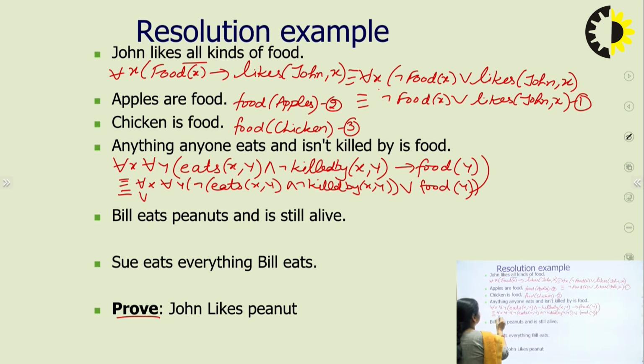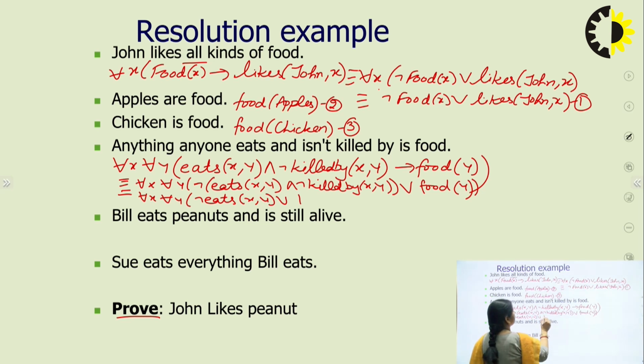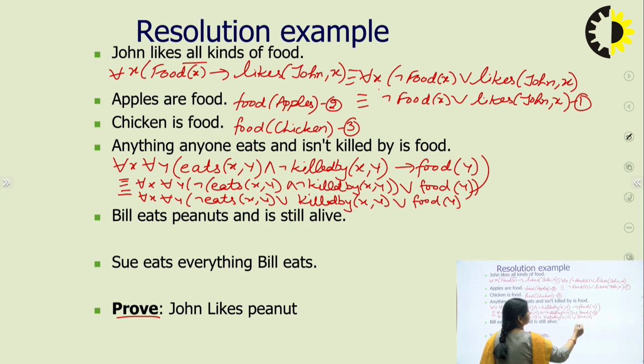So what I'll get: for all x, for all y, not of eats(x, y) or, the double negation will be cancelled, so it will be killed by(x, y) or food(y). If we see this here, we now have quantifiers and we have removed the implication.